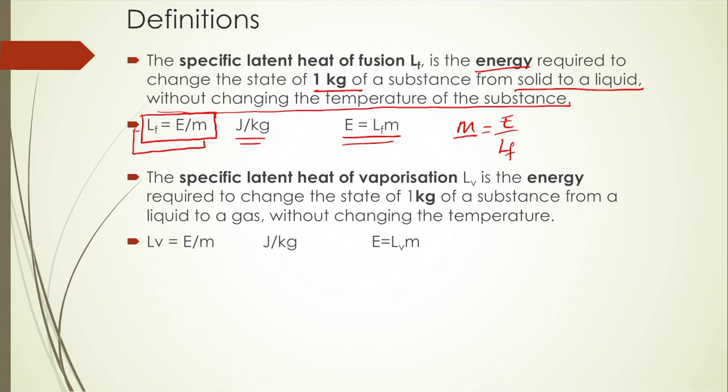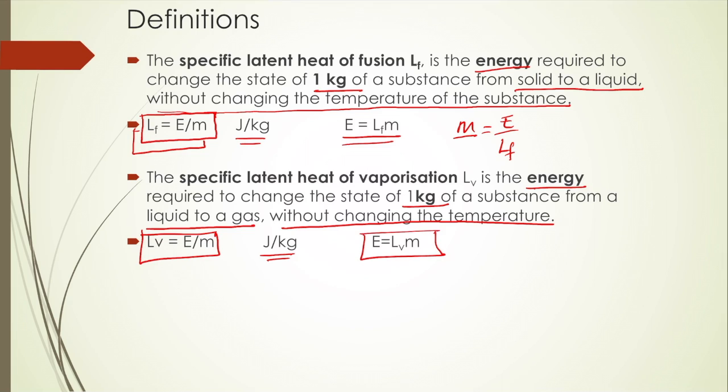Okay, the specific latent heat of vaporization, LV, is the energy required to change 1 kilogram of a substance from a liquid to a gas, again without changing the temperature. LV equals E divided by M. The units are joules per kilogram, and we have E equals LV times M. And again, M would be E divided by LV.